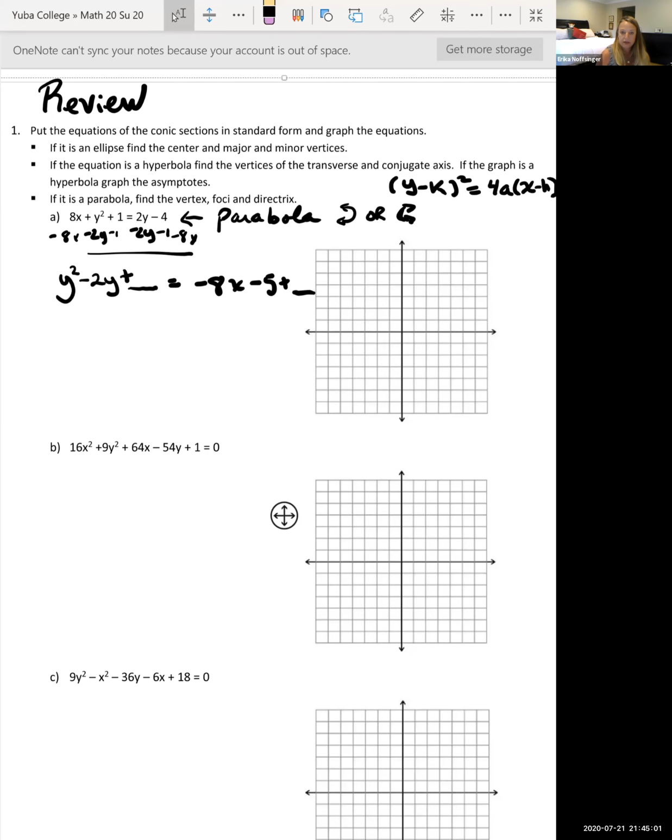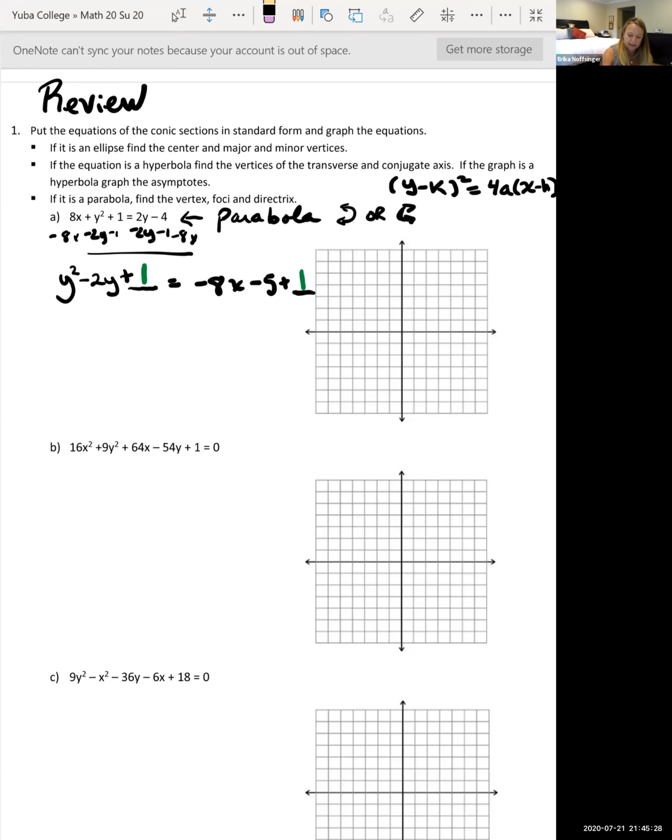We look at half the value of b, so negative 2 divided by 2 is negative 1. The same number that you would add to itself to get negative 2 is negative 1, and this constant is that number multiplied by itself, so negative 1 times negative 1 is 1. So we're adding 1 on the left-hand side to make a perfect square, and we add 1 on the right-hand side as well.